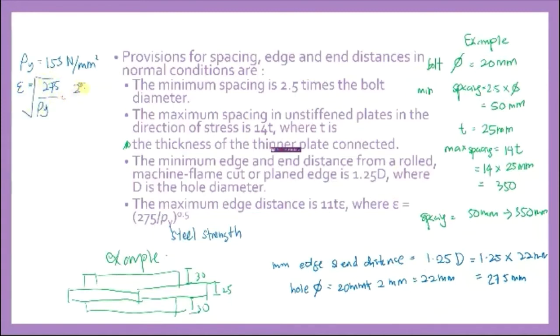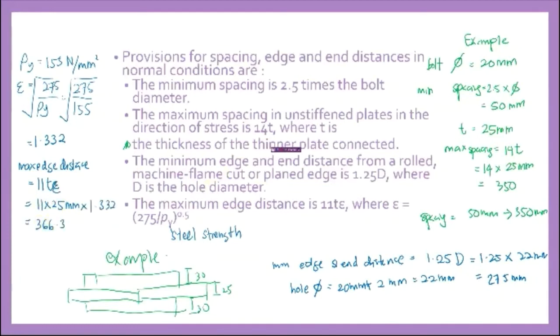Then you will get 1.332. Next, we use the formula of maximum edge distance, 11T times the constant. T is 25 again, as in the example I put here, so 11 times 25 mm, times the value of the constant, gives 366.3.